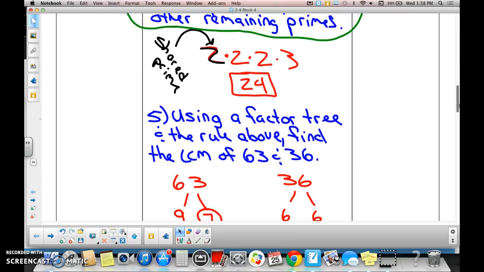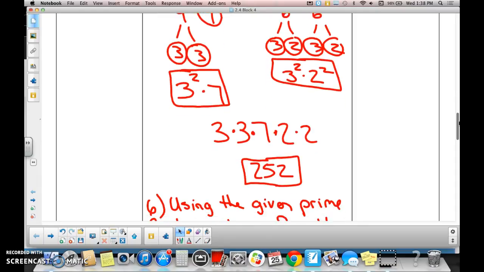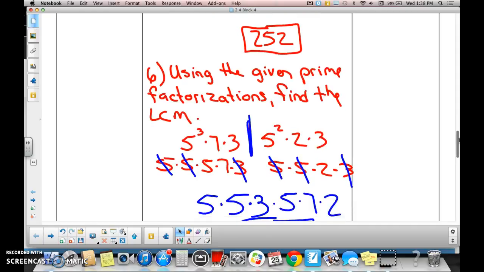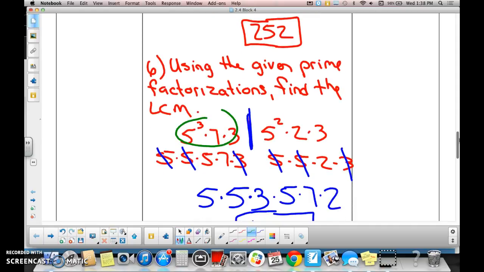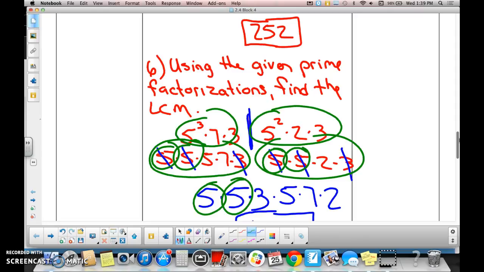My advice, when we go down to a problem like number 6, where I just gave you the prime factorization, as you can see right here and right here, was to write it out the long way and then establish what your common primes are. You told me that this 5 and this 5 were a common prime, and this 3 and this 3 were a common prime.